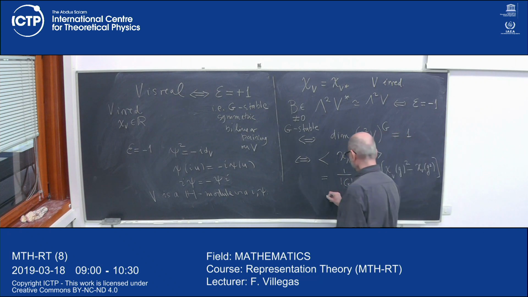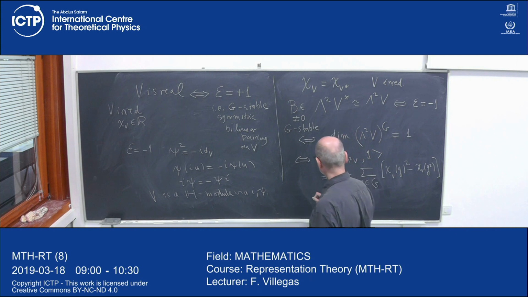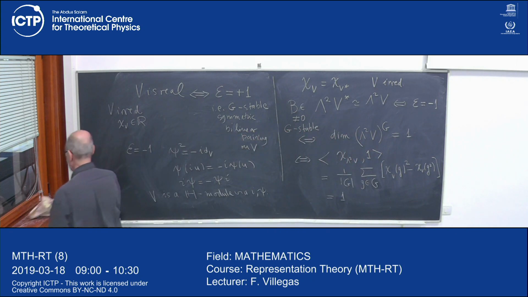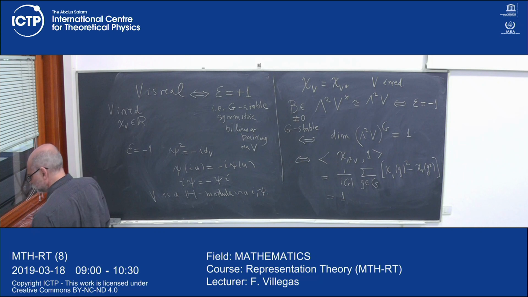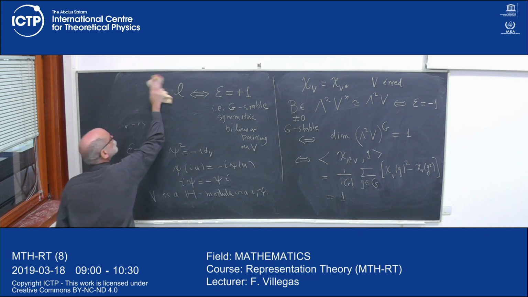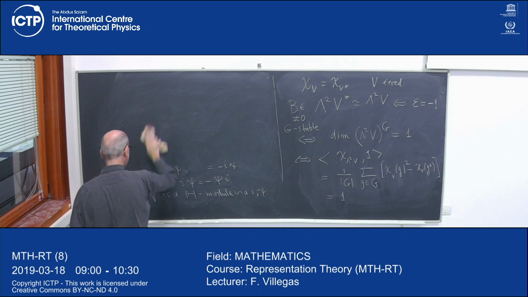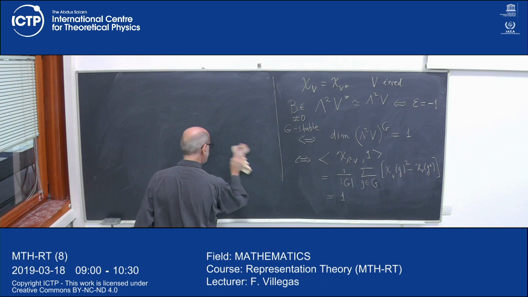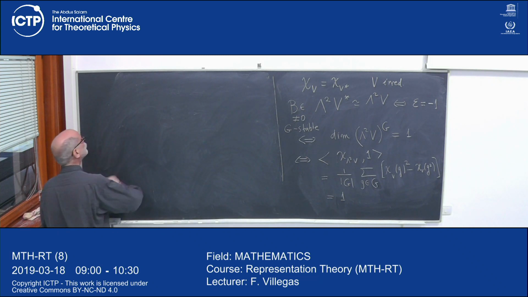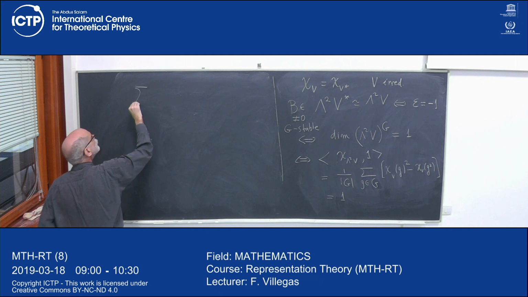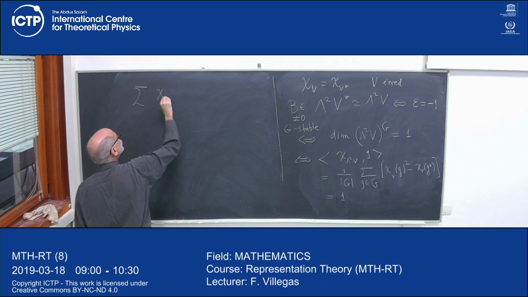So we want this to be equal to 1. We're looking for when this sum is equal to 1. Now, V is irreducible by assumption, and also by assumption has a character of real values.